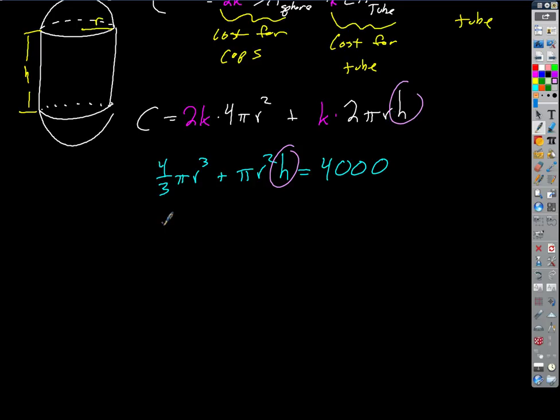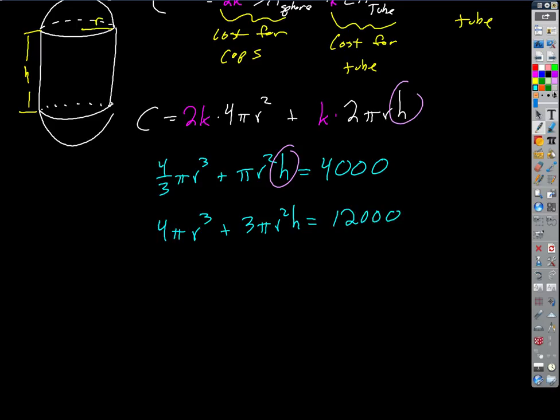So solving for h, what do we get here? To get rid of that darn fraction, let's just clear the fractions to begin with. What's that mean? Good, we'll just multiply everything by 3. So we'll change this to 4 pi r cubed plus 3 pi r squared h equals 12,000.